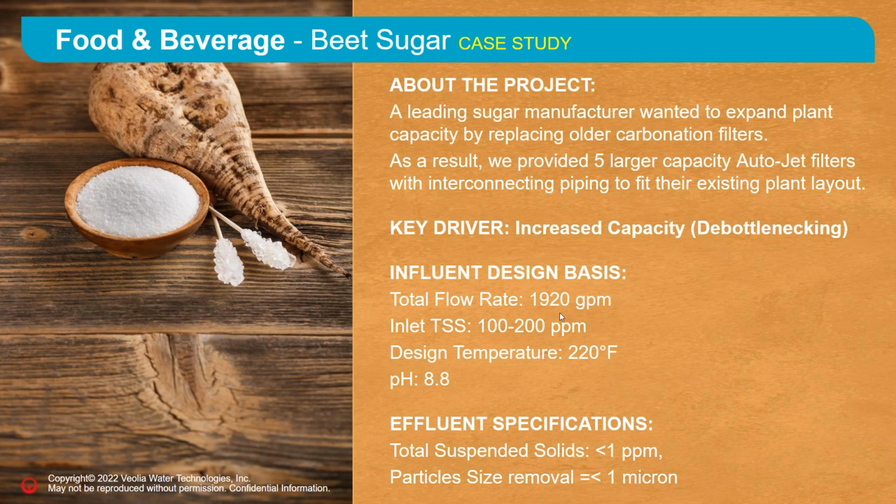For this, the total flow rate was 1920 GPM, and the inlet solids coming in was 100 to 200 ppm. Design temperature was 220 F, and pH was about 8.8. Again, in this one, the filtered sugar syrup had solids coming out at less than 1 ppm. Of all the solids, 1 micron and above were removed.